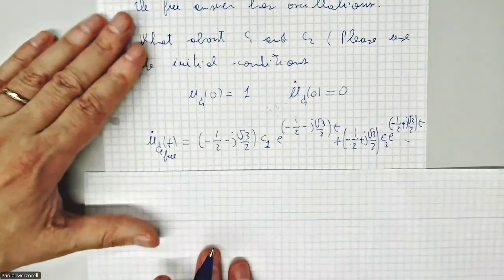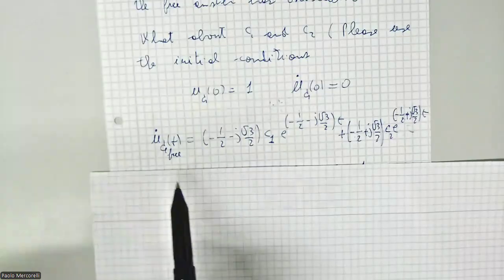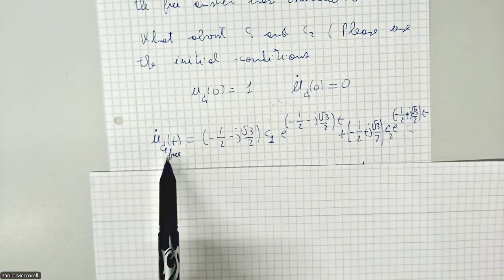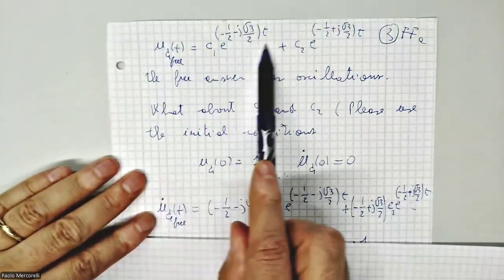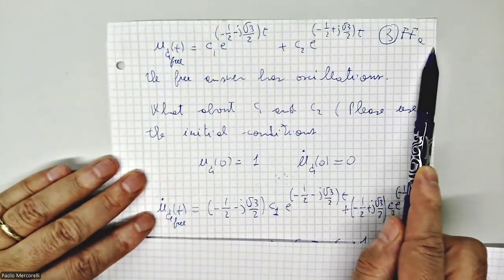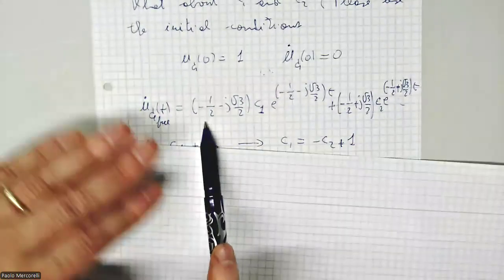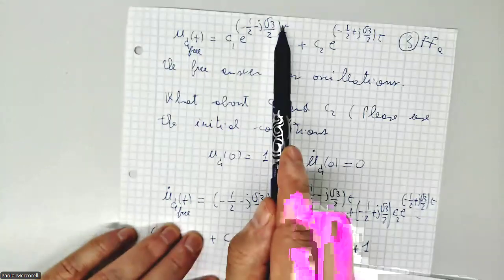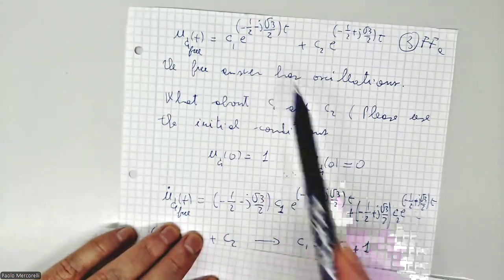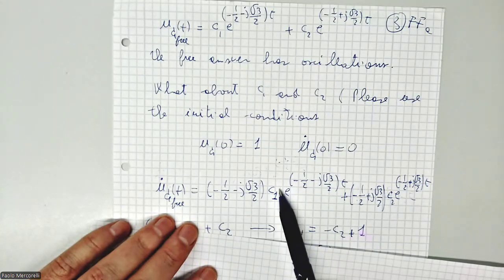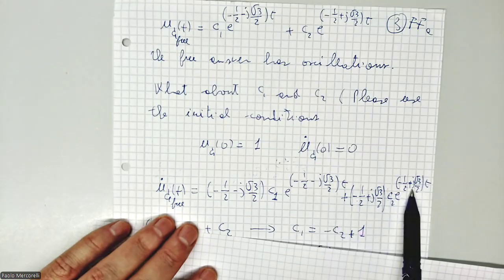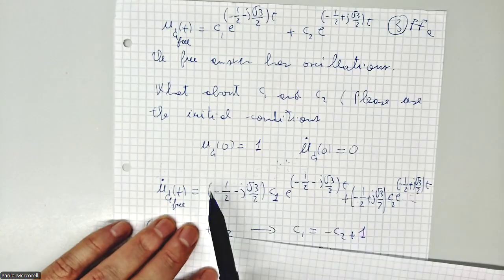Now, believe me, allow me to proceed a little bit quickly. If I take the derivative of this expression, I will have this one. I will show you, because the derivative of the exponential function is again the exponential function. You know, this is lambda 1 with minus. This is lambda 2 with plus. But here, you remember, we have exactly lambda.